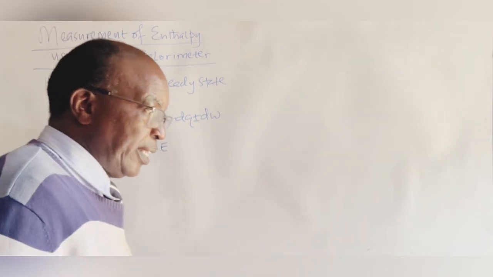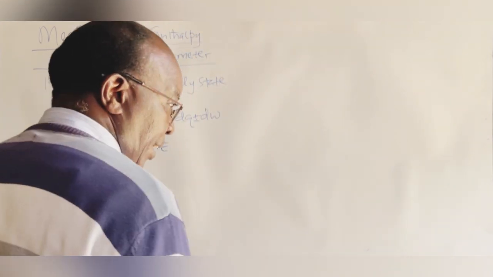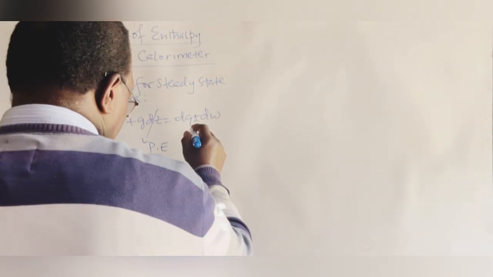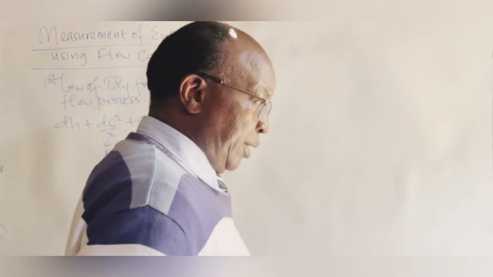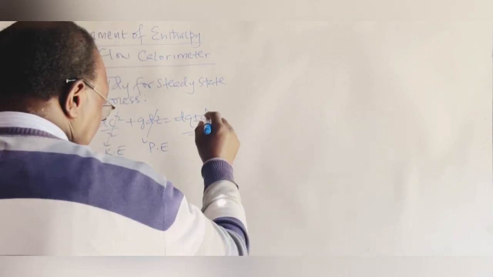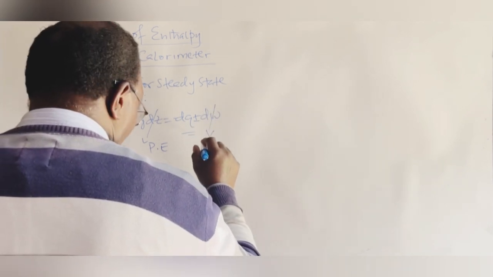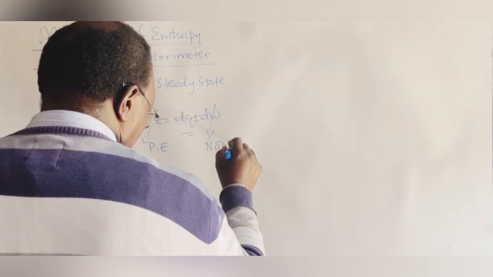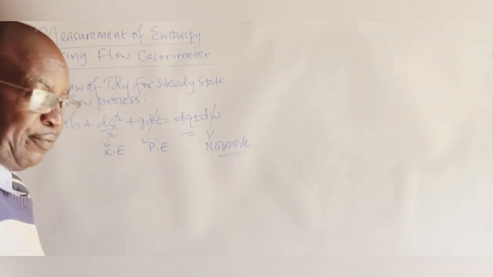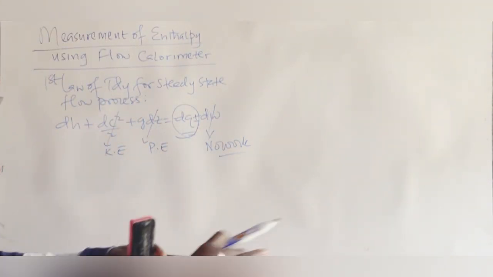Since we are doing these things under adiabatic conditions and no work done, we are only monitoring the work transmitted into or out of the system. For example, shaft work, we are saying there's no shaft work in that process, so that we are left only with the heat measurements within that system.